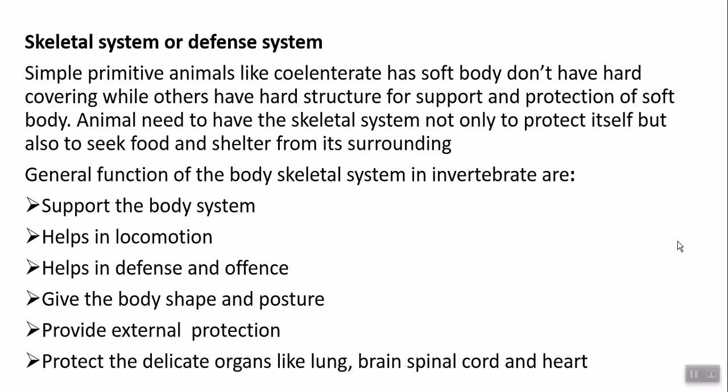We are going to see there are slight differences between the skeletal system of a vertebrate and the invertebrates. So in this we are also going to include the vertebrates. That's why we are trying to make some kind of comparative study between the skeletal system in invertebrates and the vertebrates.